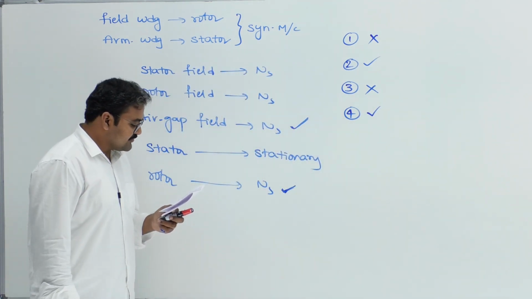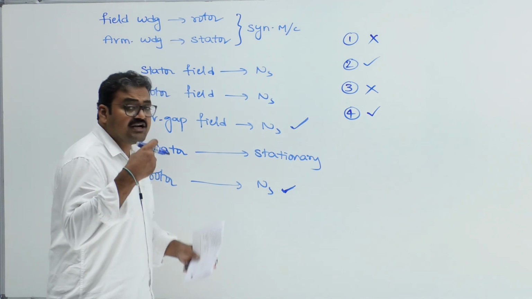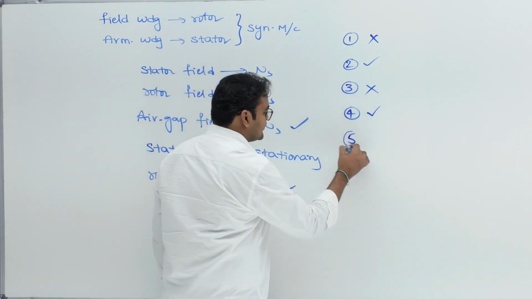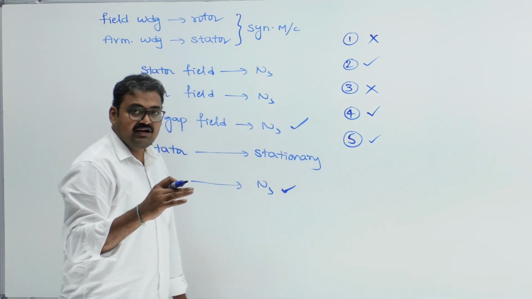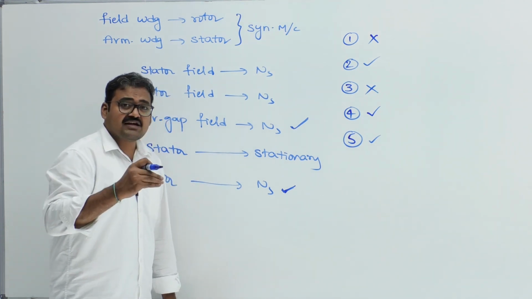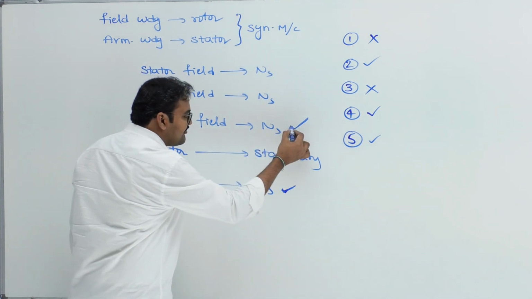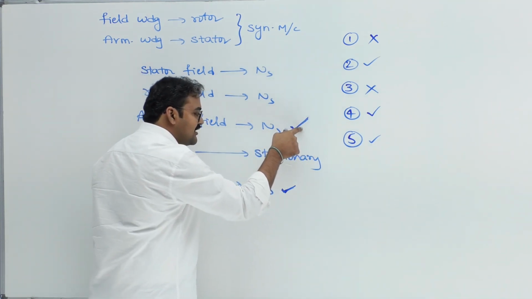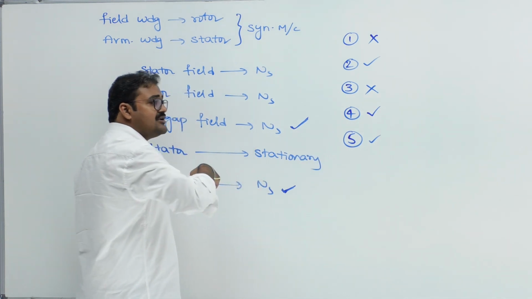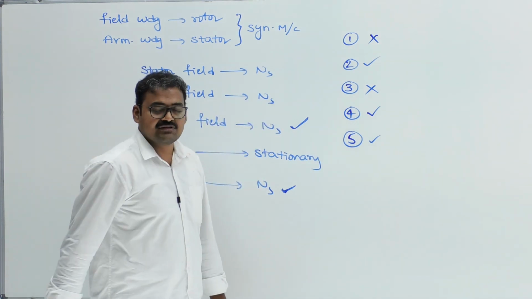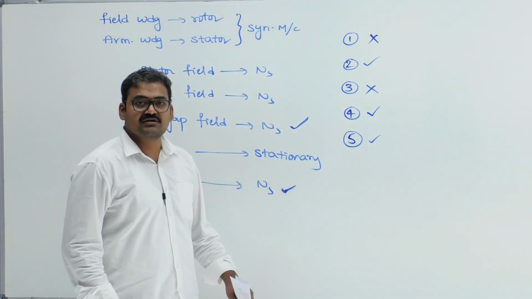Therefore, the fourth statement is also correct. Next, fifth statement, rotating at ns in the direction of rotor rotation. That is also correct. Air gap field is rotating at ns in the direction of rotor. There is a difference: is the air gap field rotating at ns in the direction of rotor or in the opposite direction of rotor? In the direction of rotor only. That is what they said in the fifth statement, and that is correct.